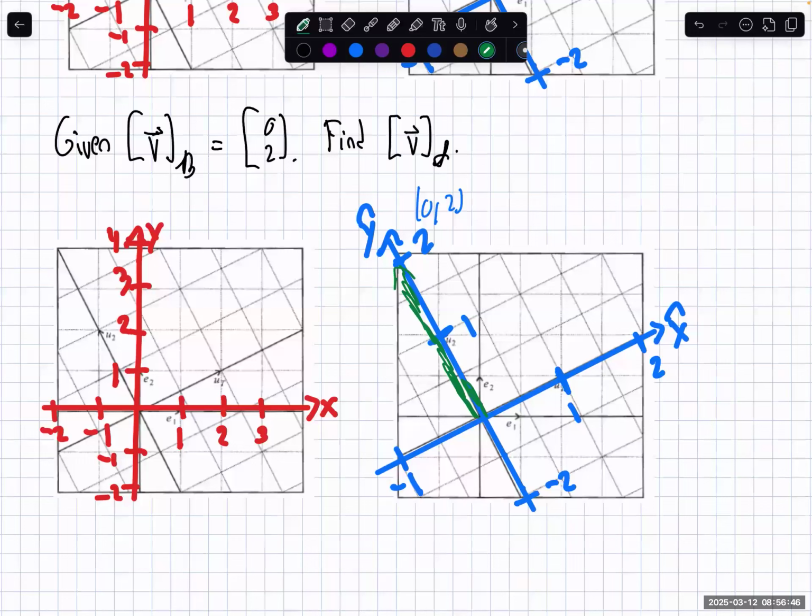Our v looks like that. Draw the same v over here. And this point is -2, 4.